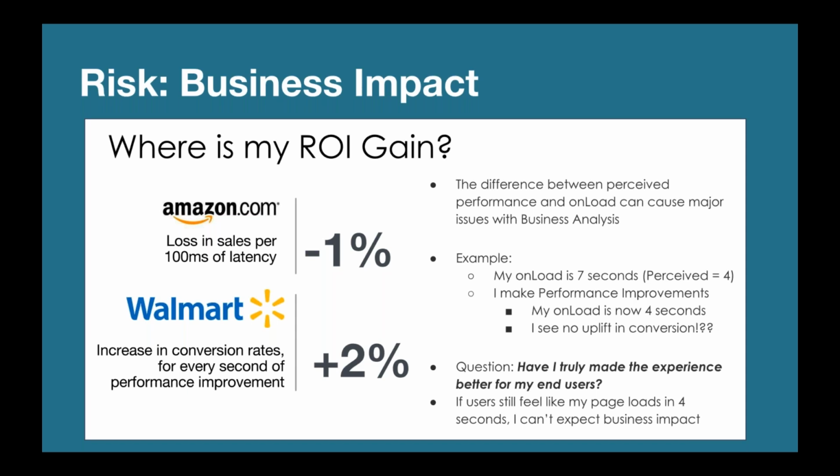Let's say the onload's coming in at 4 seconds, but my user perceives it in about 4, and I make a bunch of improvements, and now my onload's at 4 seconds, but I'm not seeing my 1% or 2% or even more of what I'm supposed to be seeing. Then this is a danger, right? This happens. I have seen this happen in the marketplace before, or in a client account. And the reason really was because the user didn't really perceive anything different, right? So have I truly made the experience better for my end user?